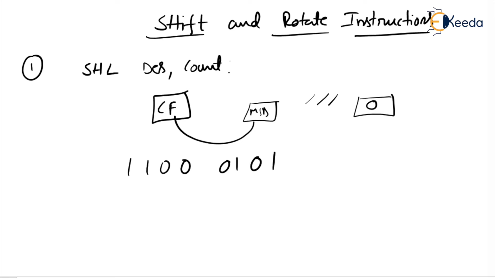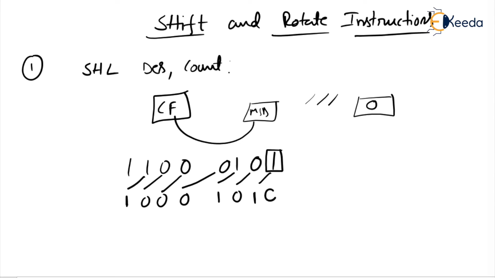Now perform the shift left operation. Then this 1 will come here, this 0 will come here, this 1 will come here, this 0 will come here, 0 0 and 1. What about the MSB place? What happened? In the LSB place you put 0, and this one will go to where? The carry flag.